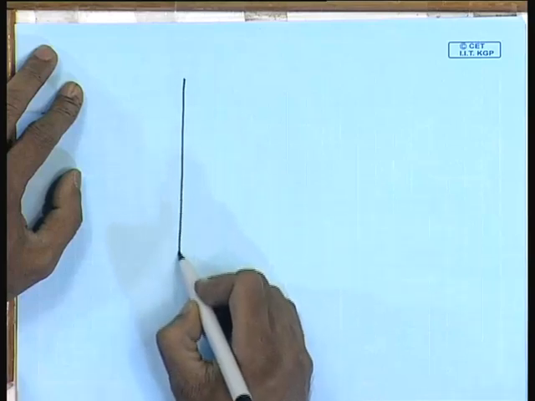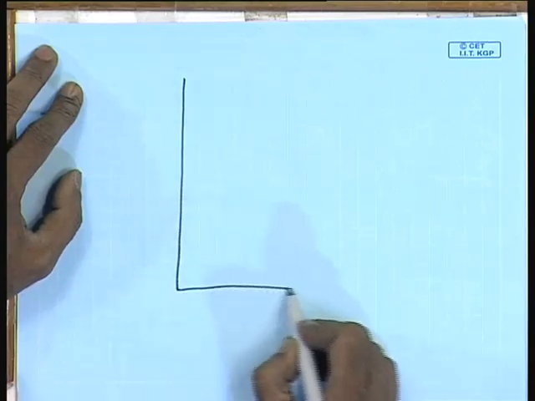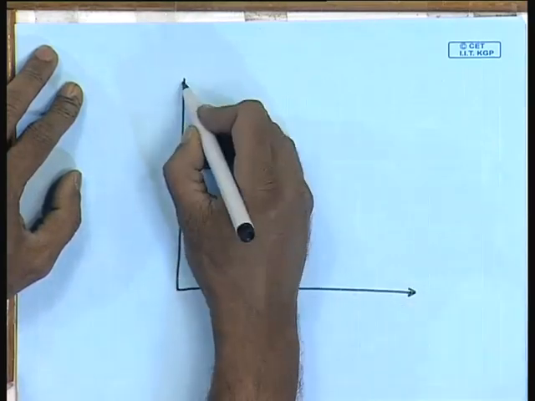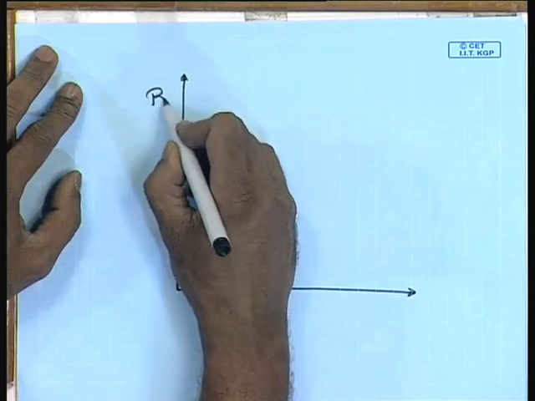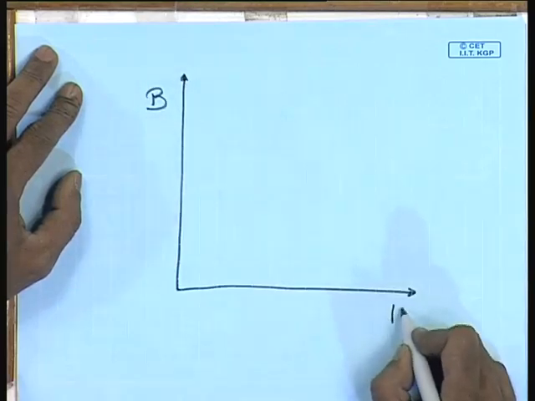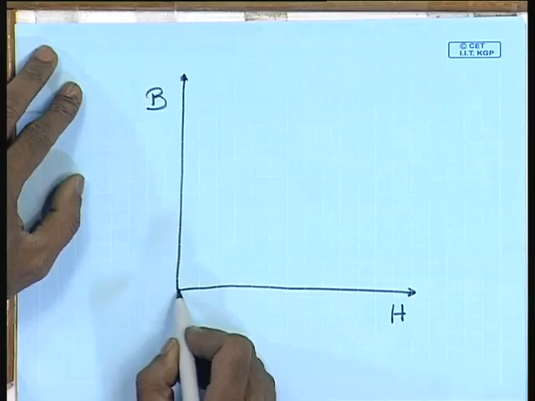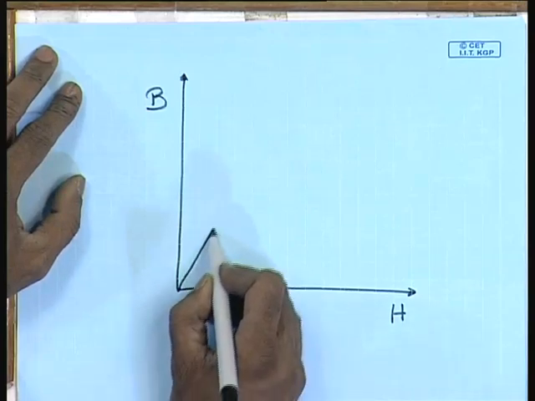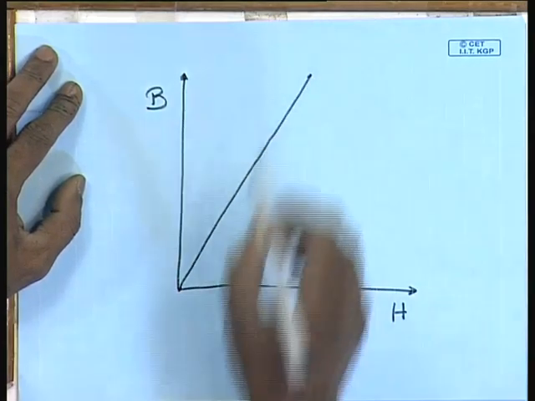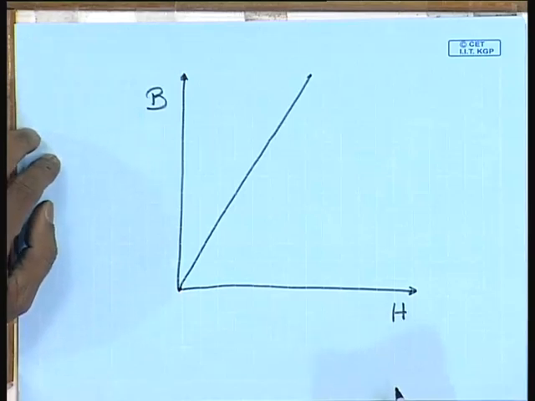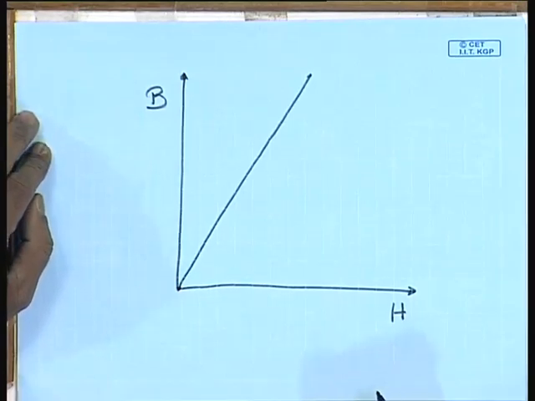That is, if we plot the flux density B versus the magnetic field intensity H, if it was linear, then it would have been a straight line. However, for most practical ferromagnetic material, it is not so.